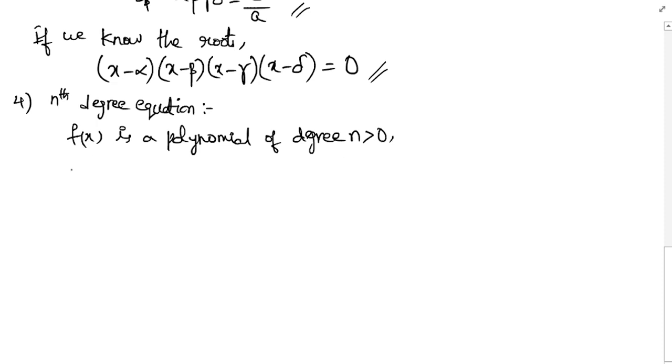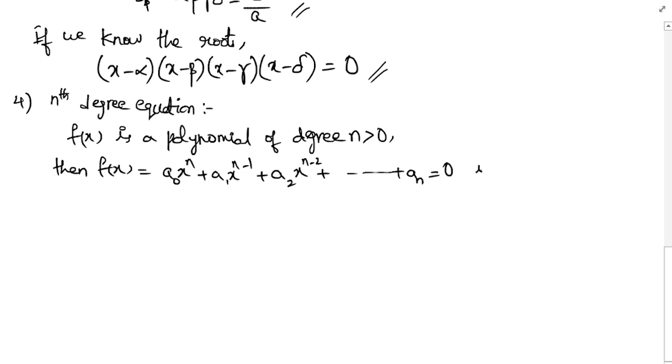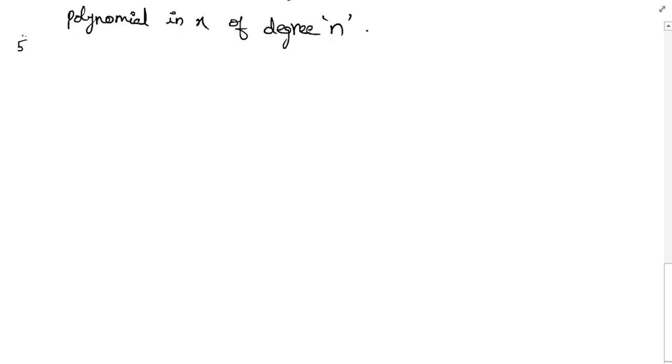Then f of x is equal to a0 x^n plus a1 x^(n minus 1) plus a2 x^(n minus 2), and so on up to an, is equal to 0. This is called a polynomial in x of degree n.